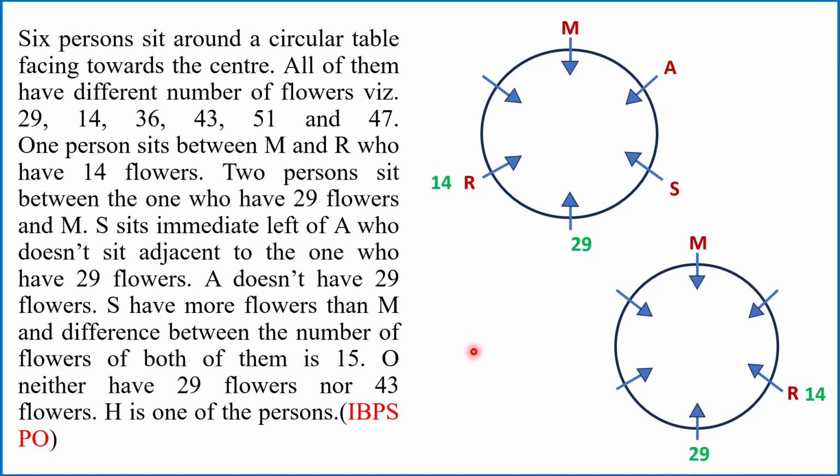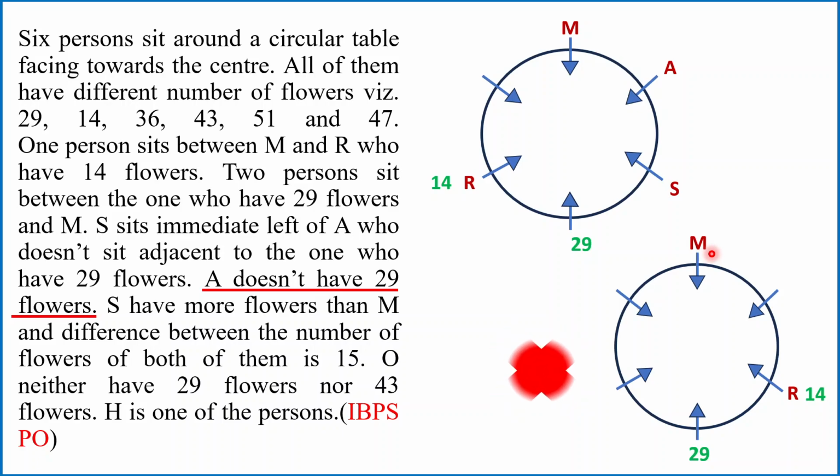So let's see what is given next. A doesn't have 29 flowers. So let me underline this statement for you. A doesn't have 29 flowers, which means A will not come here, and we cannot place A here at this position because then we have no vacant place to place S. Yes, because if we place A here, then the adjacent left of A is already occupied by M. So our case number 2 is wrong.